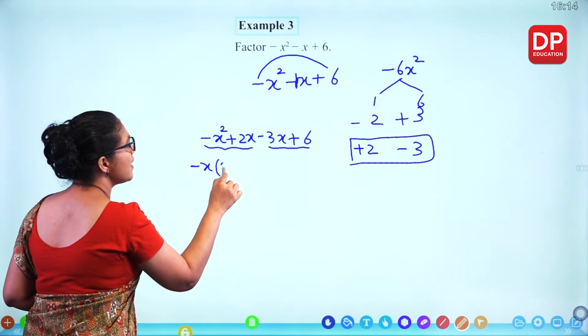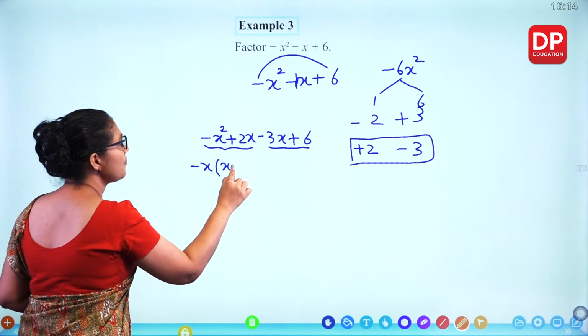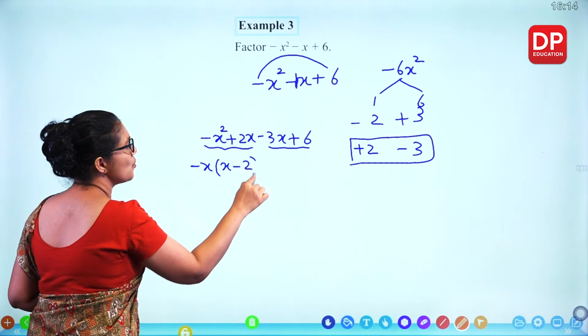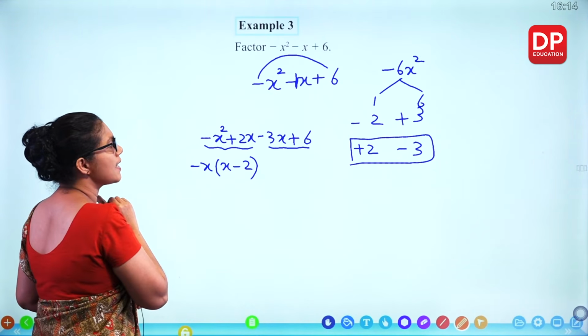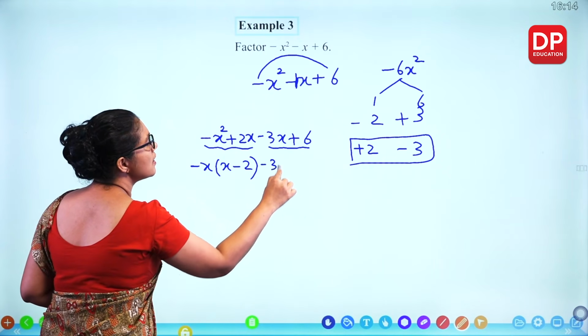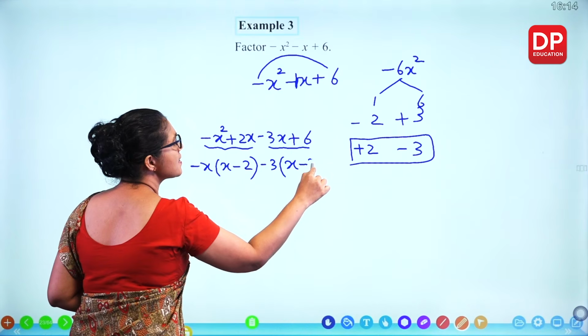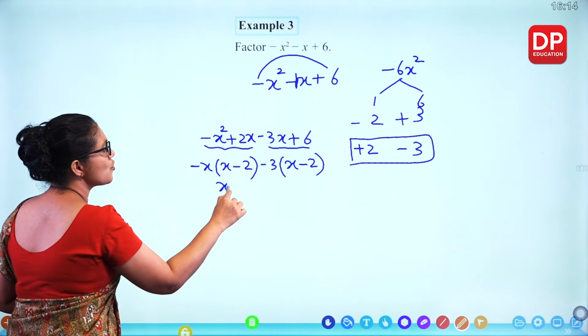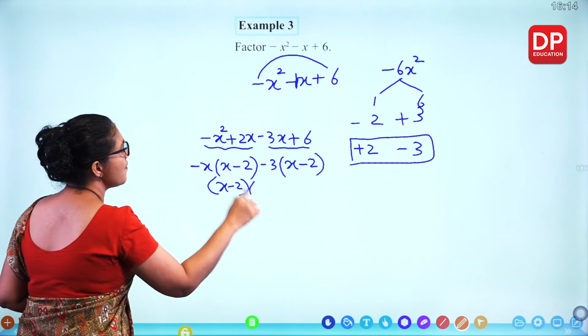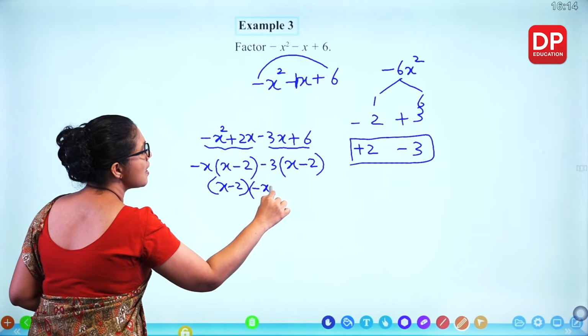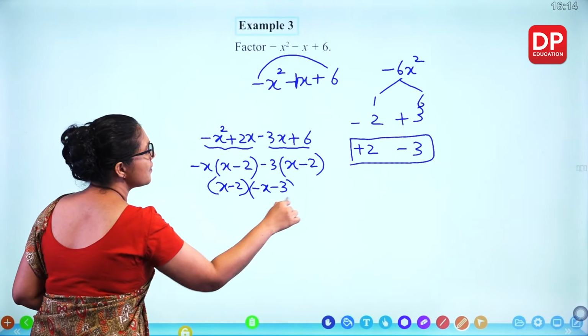What's remaining? I get x minus 2. Here I can take minus 3 out and write down x minus 2. So x minus 2 is remaining and I can write minus x minus 3.